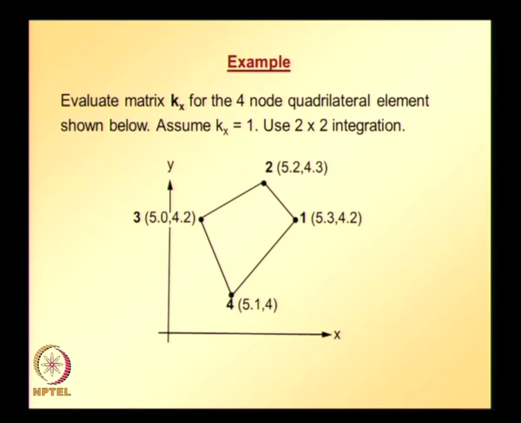Nodal coordinates of all nodes are indicated in the figure. So, we can easily find what the nodal coordinates are, and we can put the x coordinates of all nodes in one vector, and y coordinates of all nodes in another vector.